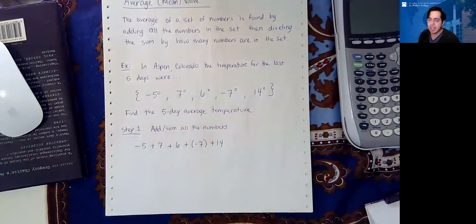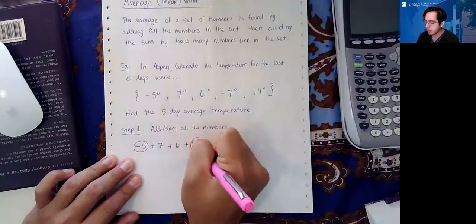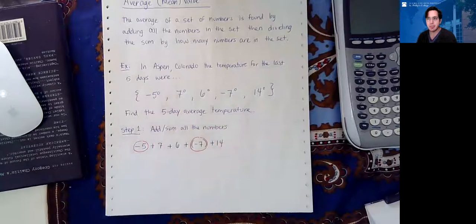So if we need to add these numbers together, you notice that we have some negatives and some positives. So we're going back to our addition rules. And remember that one of our properties of addition is that it doesn't matter what order you add things in. If we're purely adding, then we can add them in whatever order and it won't change the result. So what I would do is take the negative numbers first and add those together.